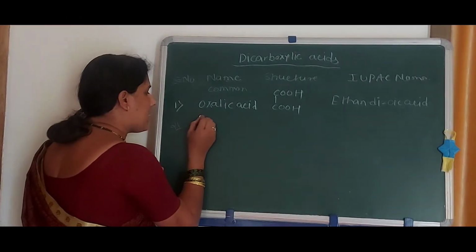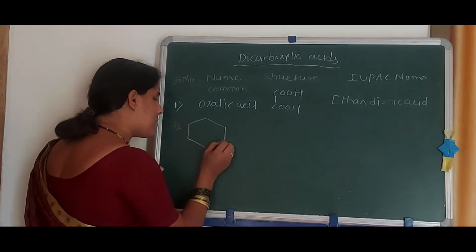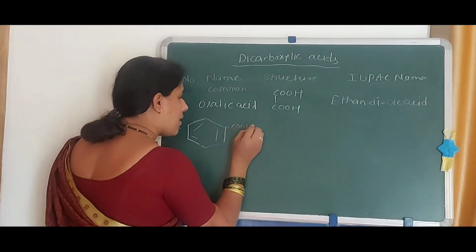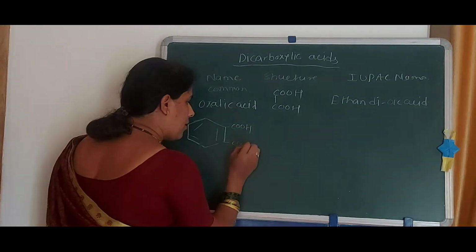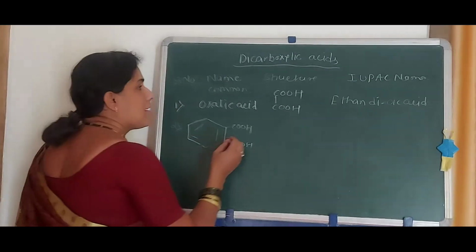Now the next, the second example, is an aromatic compound with two COOH groups. What is the name of this? That is phthalic acid.